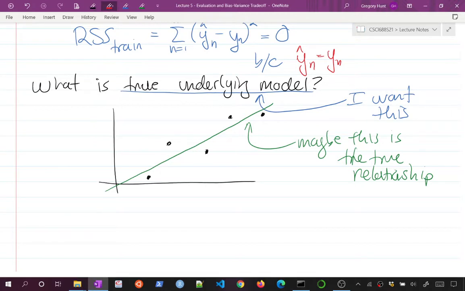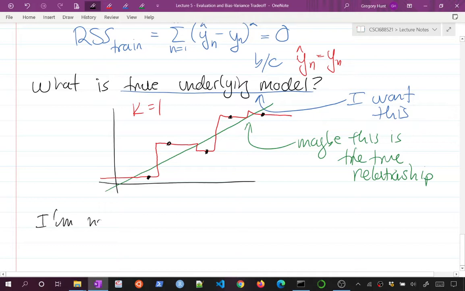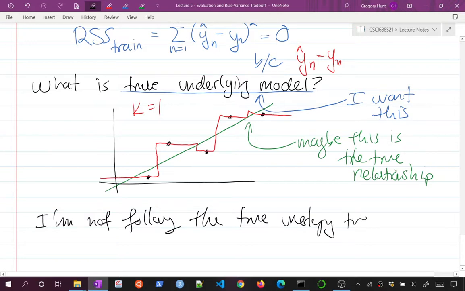And so if I train my KNN with K equal to 1, where I do this interpolation thing, right, where I go, I don't know, like this, what I really want to recover is that green line. And instead of getting this wonky red line, what I'm doing here is I'm not following the true underlying trend.